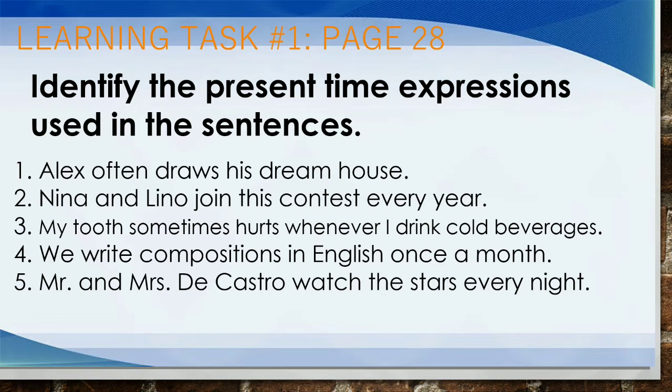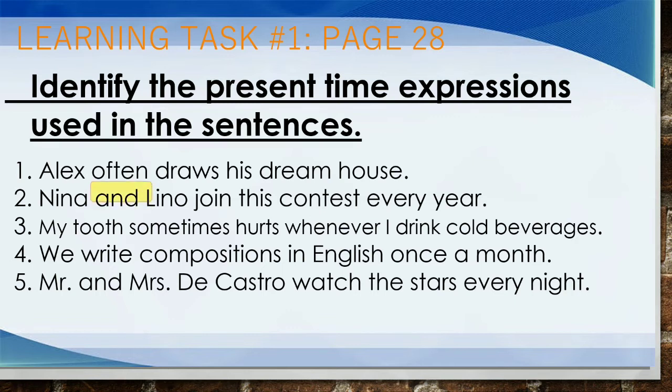Number 1. Alex often draws his dream house. So what is the present time expression used in the sentence? Okay, so in number 1, the answer is often. Number 2. Nina and Lino join this contest every year. What is the time expression used? Okay, correct.